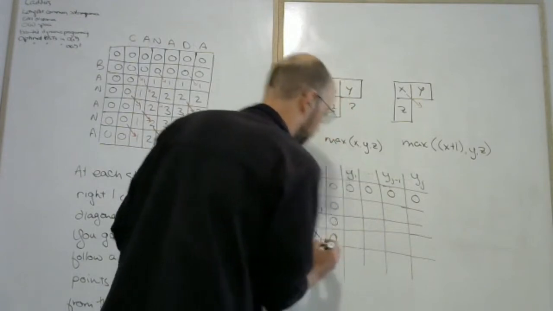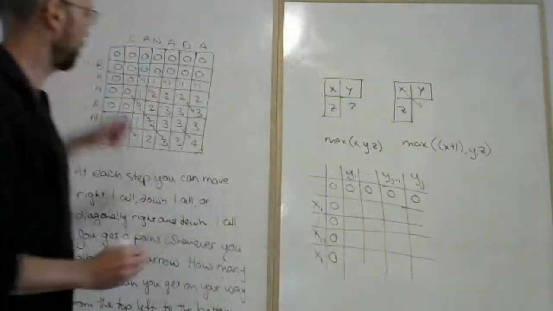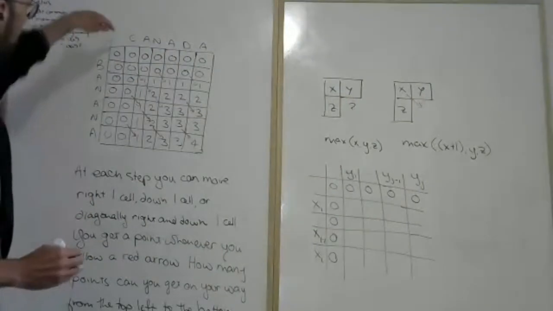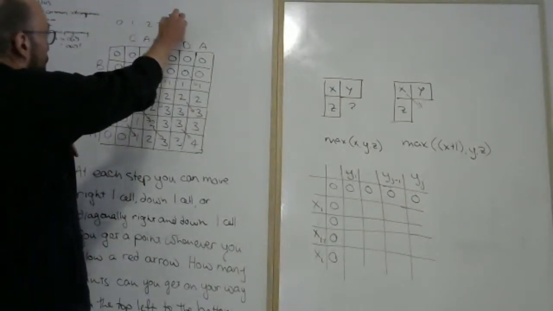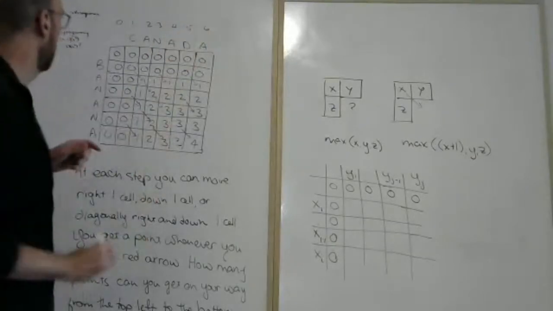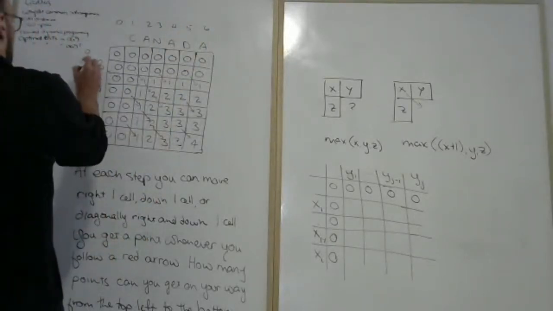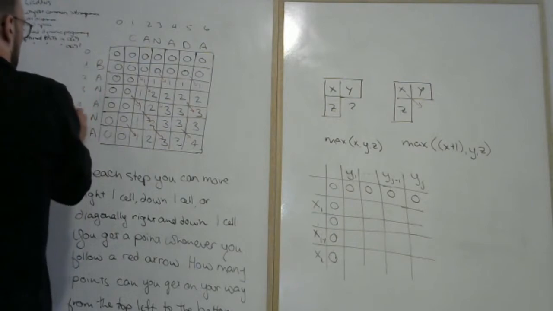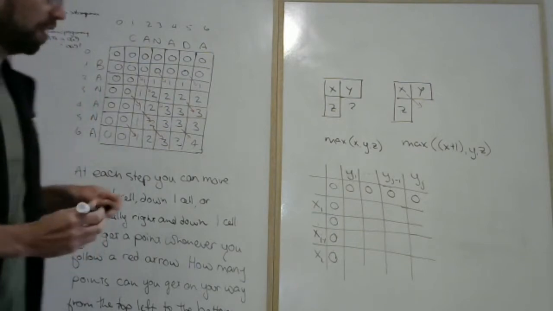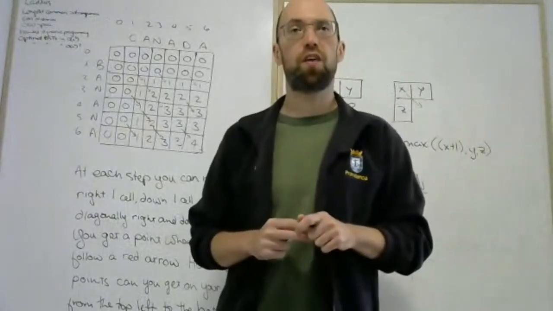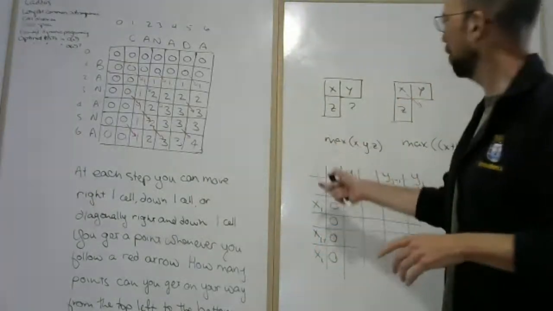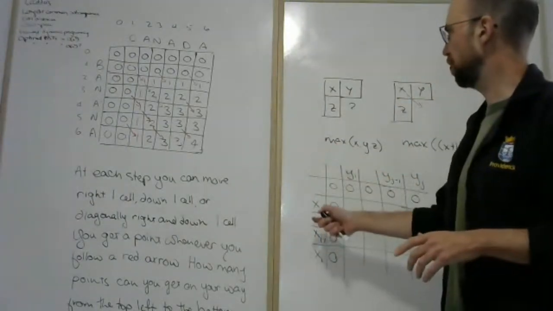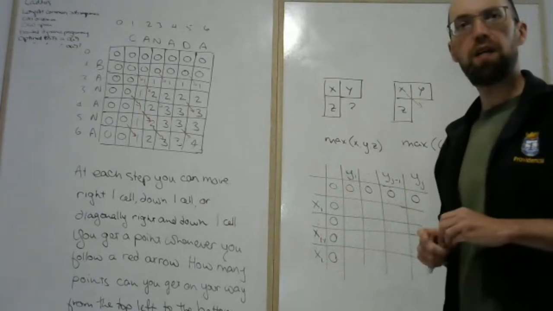So you're going to want to fill this grid out such that cell ij, so this is counting from 0, 0, 1, 2, 3, 4, 5, 6, 0, 1, 2, 3, 4, 5, 6, such that cell ij contains the length of the longest common subsequence of x1 to xi and y1 to yj.